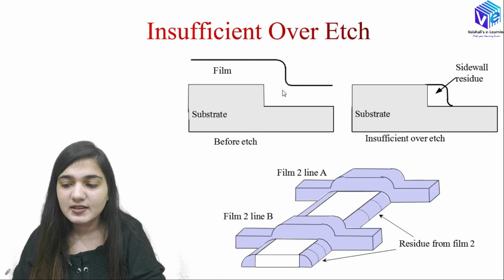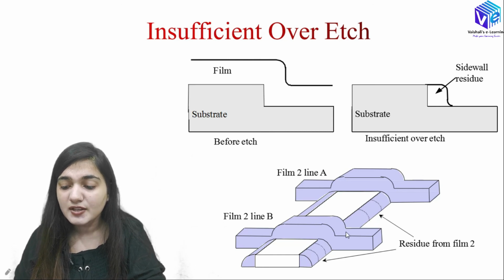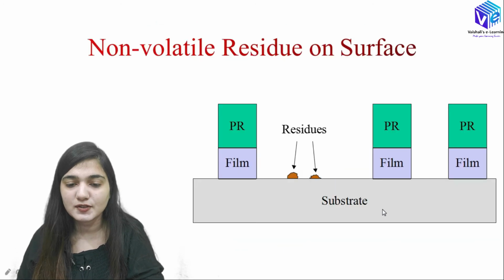Okay, so you can see here we have the side wall residue. The residue is going towards the side wall, and here we will be having the insufficient over etch. Okay, so you can see this is the side wall that we have made with the help of residues. This is the thing that we don't want, so it will be affecting our masking process also.